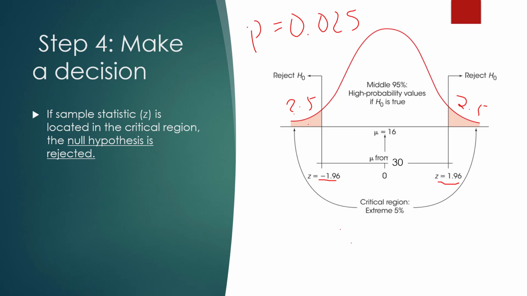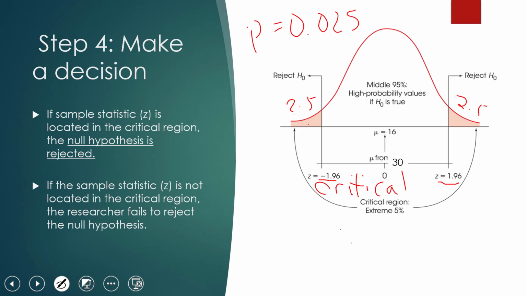And if we looked up this number in the unit normal table, we came up with a z-score of 1.96. Again, that's our critical z-score. If the sample statistic is out here in this region, we reject the null hypothesis. If it's in this region, we fail to reject the null hypothesis.